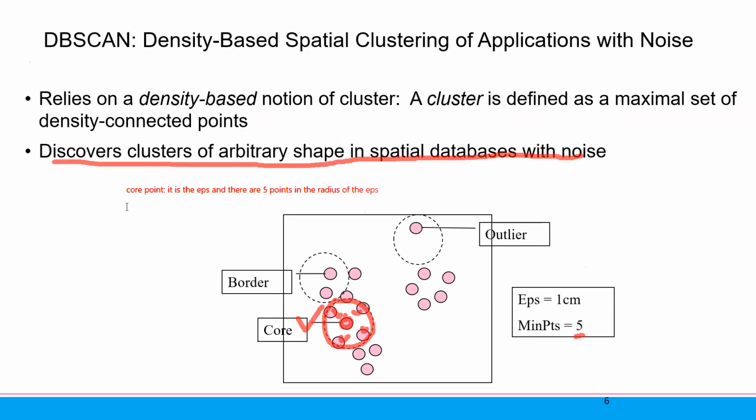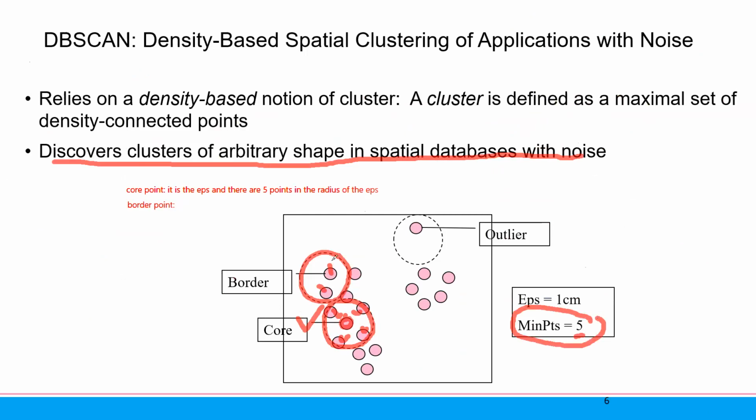There is another point, we call it a border point. The border point is a point in whose surrounding area we have only one other point. Meanwhile, we need 5.